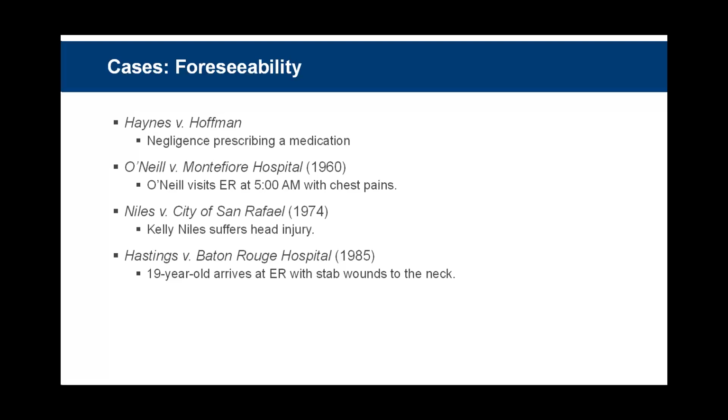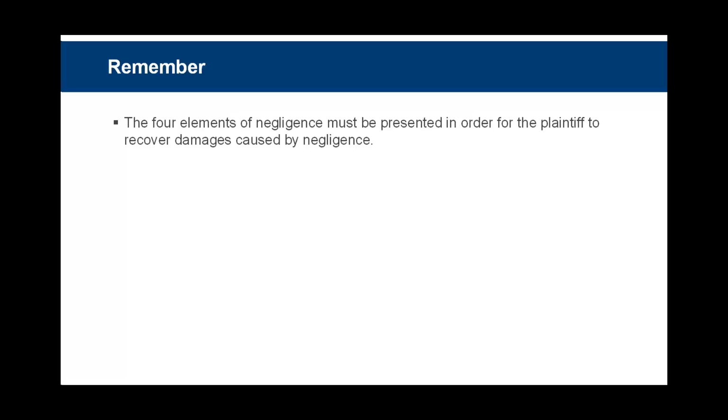We're wrapping up our discussion on negligence in tort law by emphasizing a crucial takeaway. The four elements of negligence must be presented in order for the plaintiff to recover damages caused by negligence.